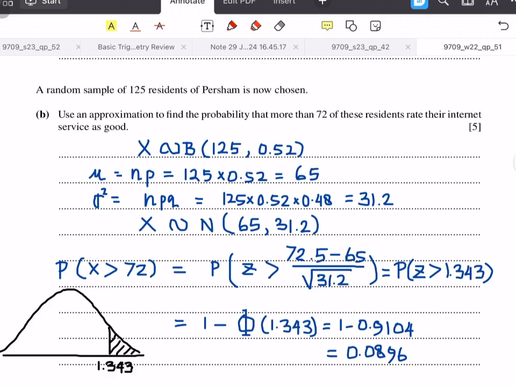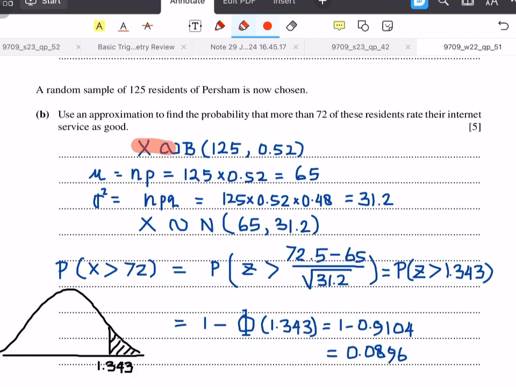Part B. A random sample of 125 residents of Persham is now chosen. Use an approximation to find the probability that more than 72 of these residents rate the internet service as good.